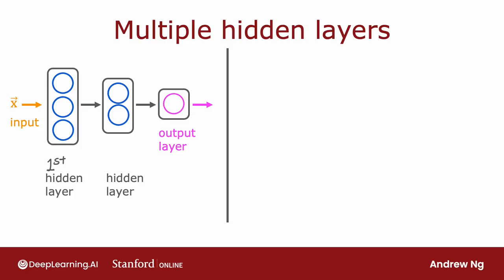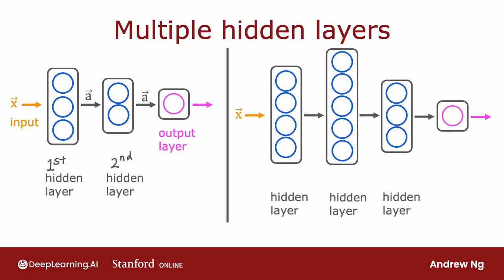And so if this hidden layer has 3 neurons, it will then output a vector of 3 activation values. These 3 numbers can then be input to a second hidden layer. And if this second hidden layer has 2 neurons, 2 logistic units, then this second hidden layer will output another vector of now 2 activation values that maybe goes to the output layer that then outputs the neural network's final prediction.